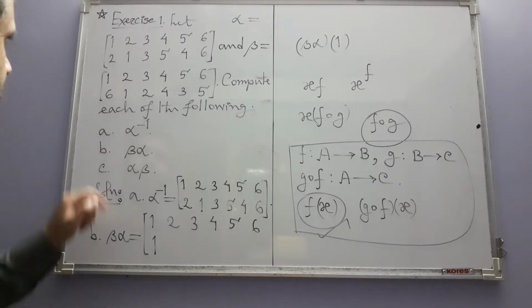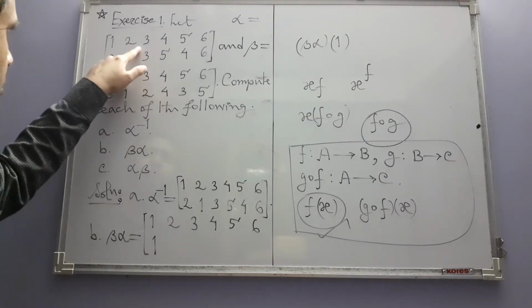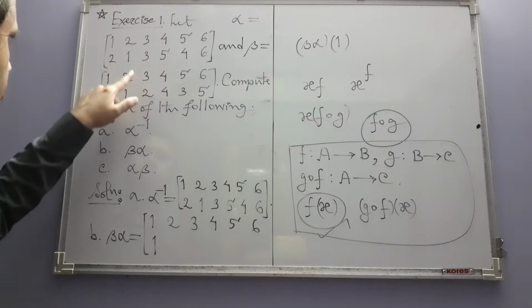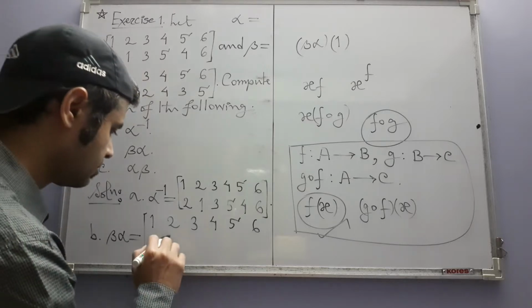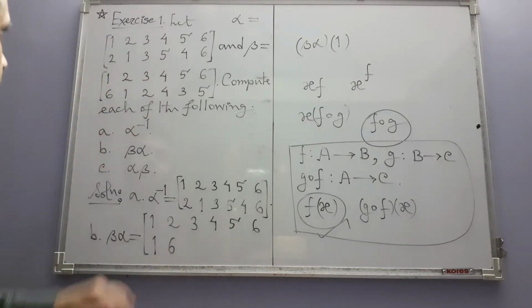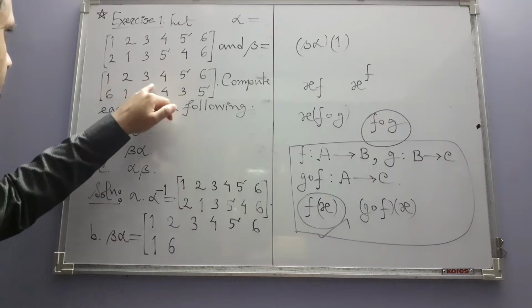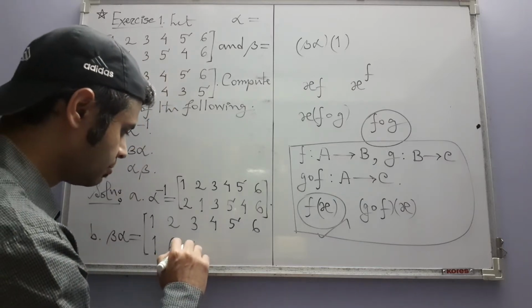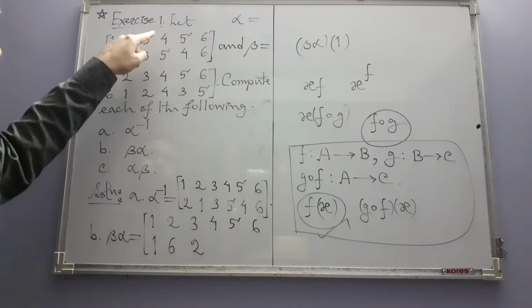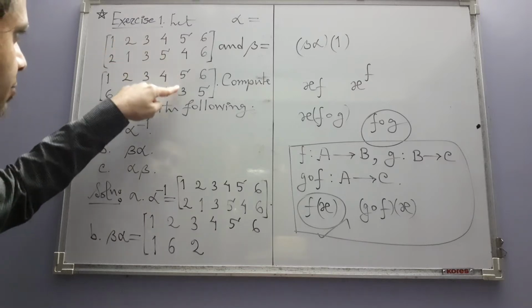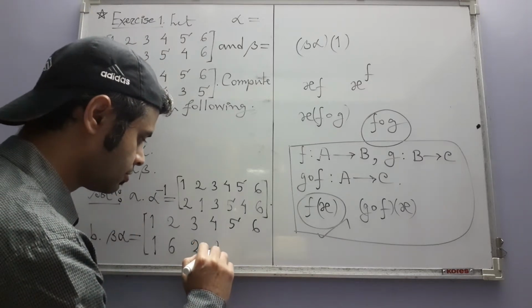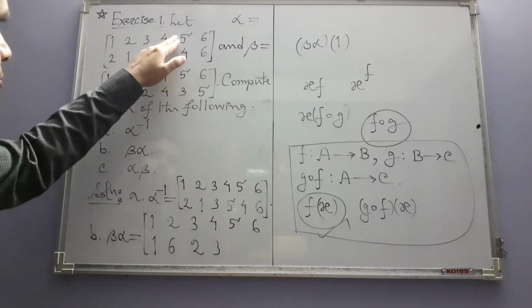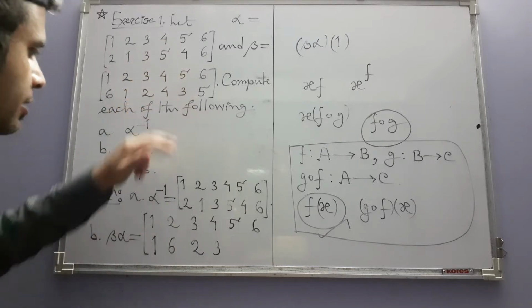So like that, 2 goes to 1, 1 goes to 6. So 2 goes to 6. 3 is unchanged by alpha, and beta sends 3 to 2. 4 goes to 5, 5 goes to 3. So 4 goes to 3. 5 to 4, 4 is unchanged.